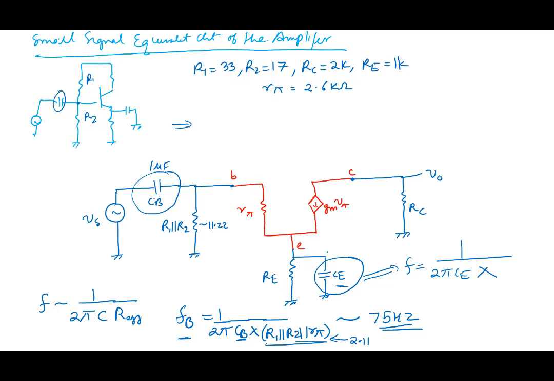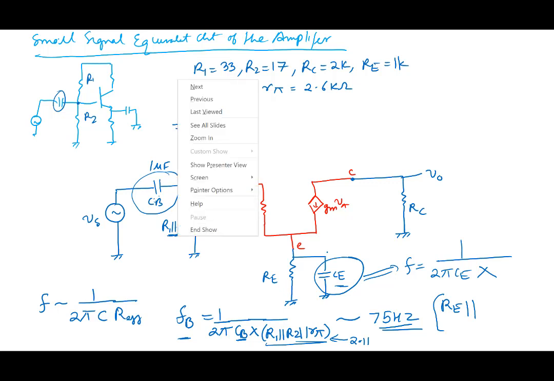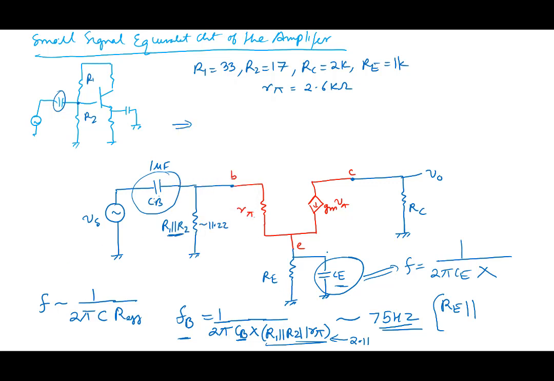We've done that previously. RE parallel, R1 will come in parallel, but this will get shorted, so this will not come. So it will basically be R pi by beta. Everything gets divided by beta.